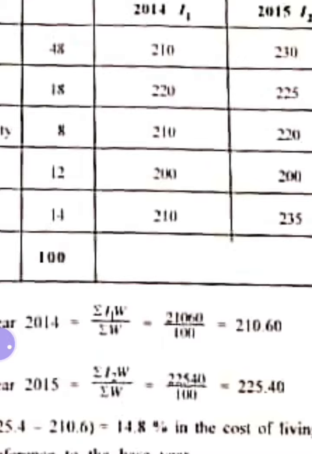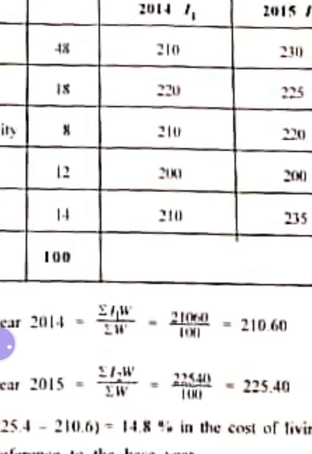Similarly, the index number for 2015 is sigma I2W upon sigma W. Sigma I2W is 22,540 divided by sigma W, 100, which gives 225.40.